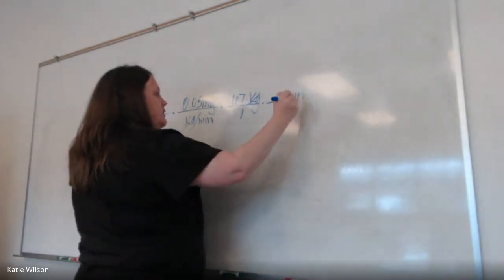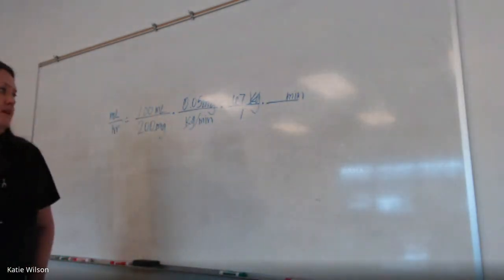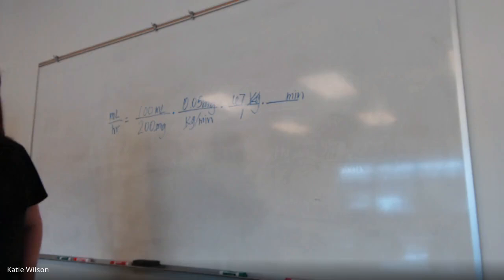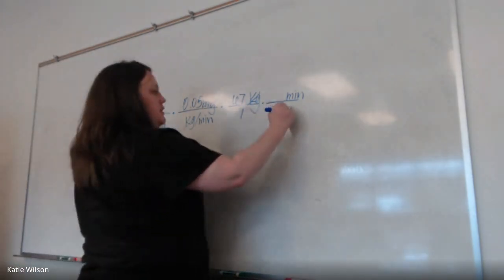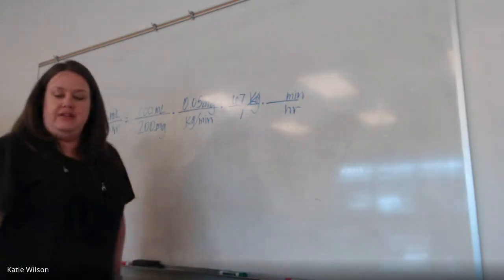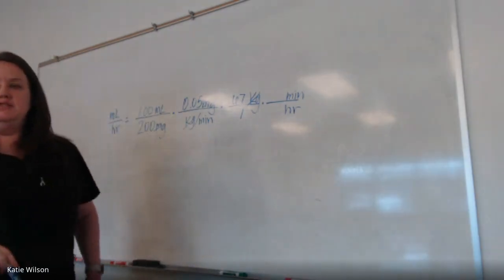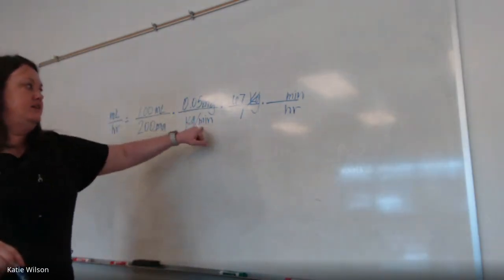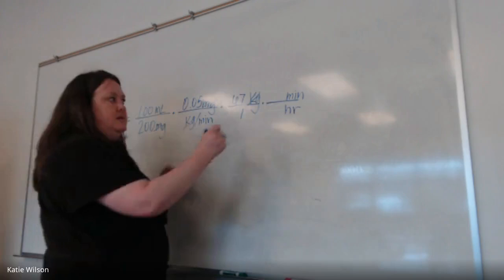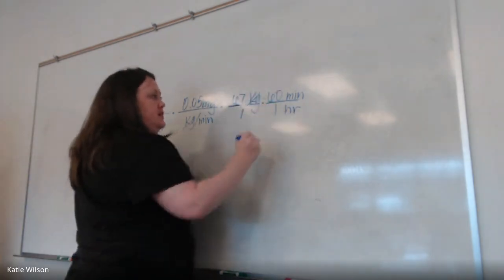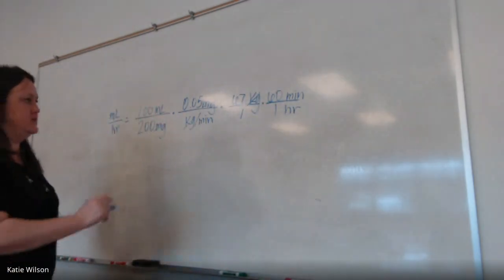Now, minutes on top. What do I want on the bottom? Hours. So I don't have anything left in my problem that deals with minutes. I just have to convert minutes to hours. So I'll be putting that 60 to 1 conversion factor in there.